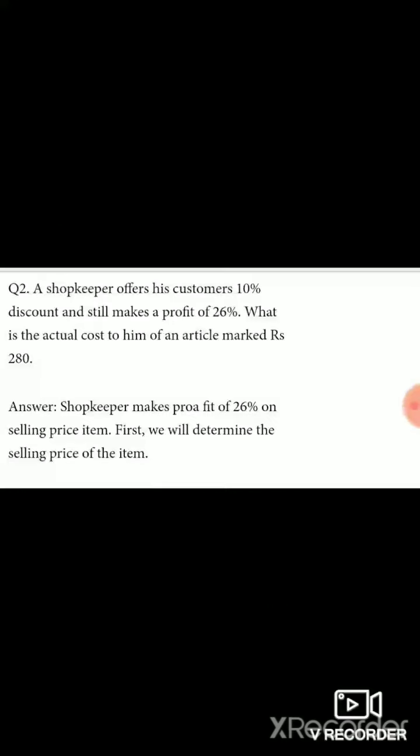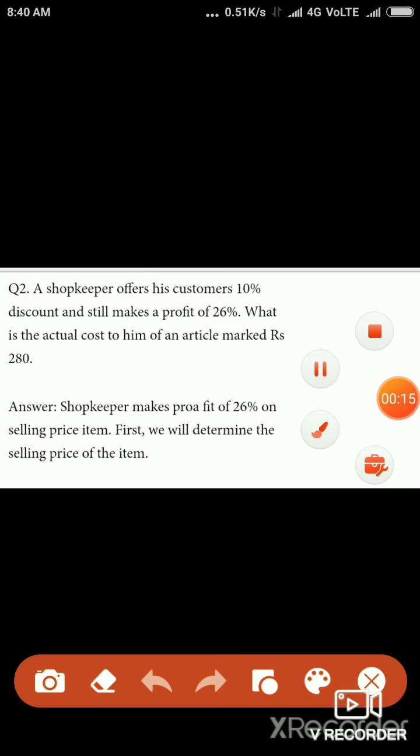Okay students, here I am taking one more example for you. Question number 7 is similar to that. A shopkeeper offers his customer 10% discount and still makes a profit of 26%. What is the actual cost?